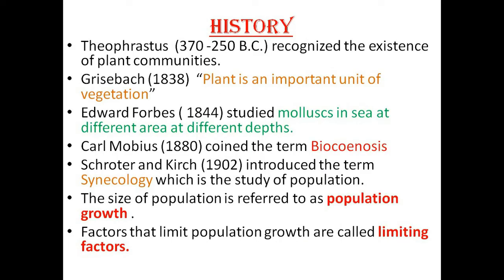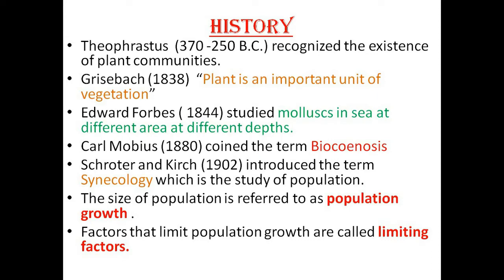The concept of community is not so recent, and it may be traced back to the time of Theophrastus. He first recognized the existence of plant communities. Later on, in 1838, Griesbach said that the plant is an important unit of vegetation.